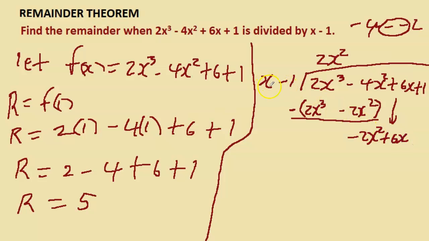And then we say x into negative 2x squared, that's negative 2x. And then we take negative 2x and multiply it to each of the terms of the divisor, alright? So minus 2x times x, that's minus 2x squared. And minus 2x times minus 1, that's positive 2x.